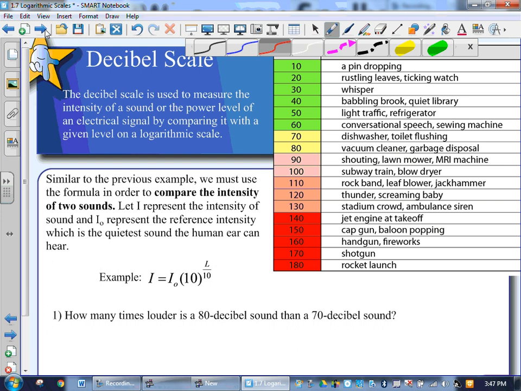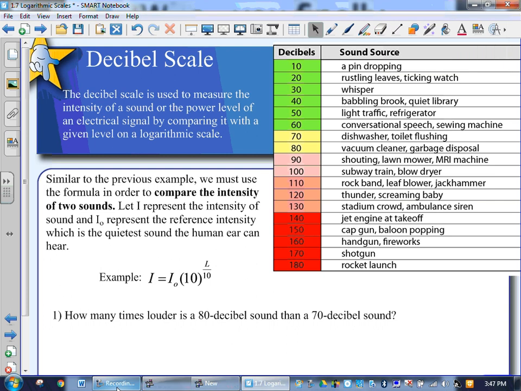So the decibel scale is used to measure the intensity of a sound or the power level of an electrical signal by comparing it with a given level on a logarithmic scale. On the right-hand side, there's a bunch of examples. 10 decibels is a pin dropping, so it's super, super quiet. 20, rustling leaves, or a ticking watch. 30 is a whisper.